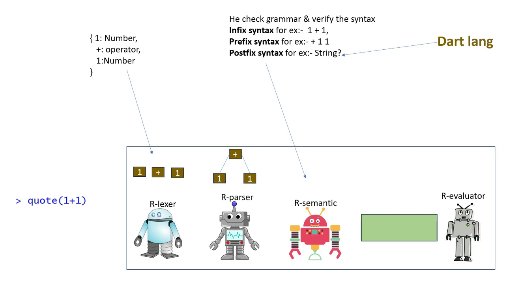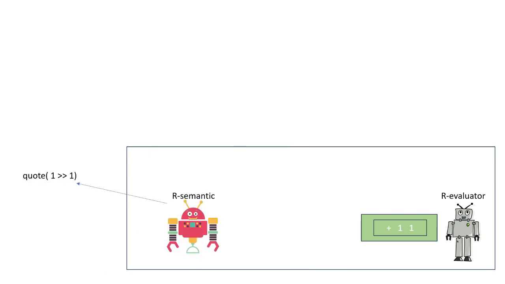The duty of the semantic checker is to verify the syntax. It verifies that 1 plus 1 is infix syntax. Then it generates an expression like plus 1 1, and then passes this expression to the R evaluator to evaluate. Now let's see what happens if you type this command.